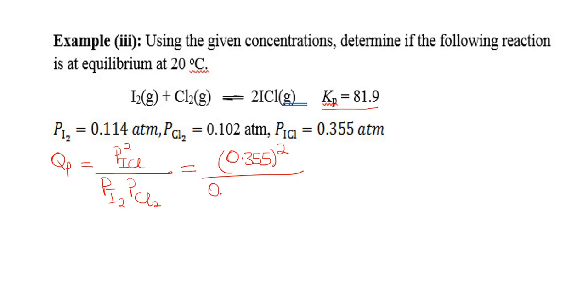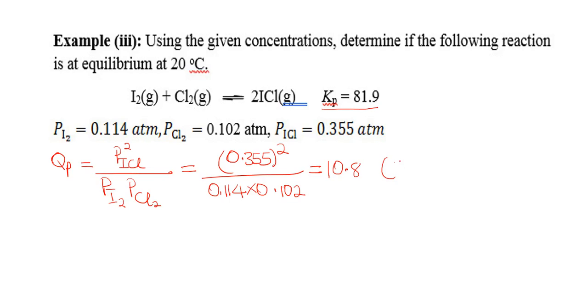PI2 is 0.114 and PCl2 is 0.102. Now doing the calculation, so the Qp in this case is 10.8.